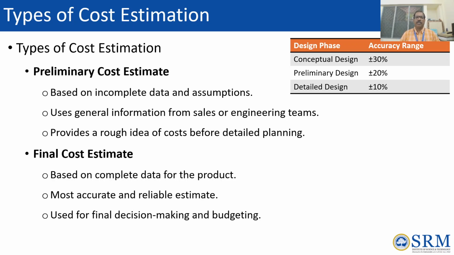So what are the objectives and functions of cost estimation? If we do the cost estimation wrongly, with improper estimation like overestimation or underestimation, what will happen? We have seen that in our previous lectures, right?